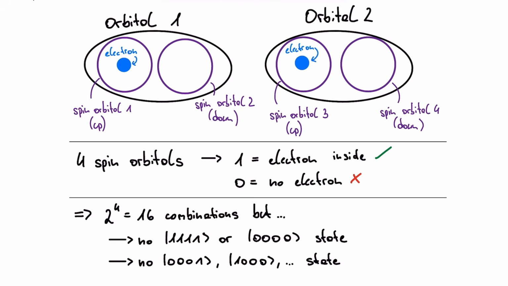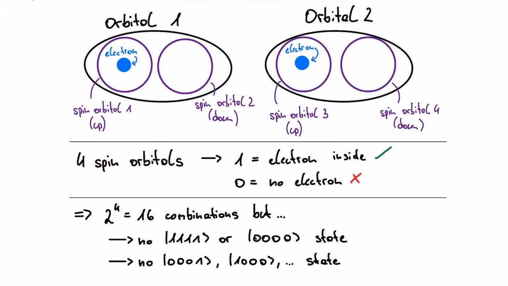However, we only have 2 electrons in our system. That means not all of these combinations are physically possible. For example, 0, 0, 0, 0 can't exist because that would mean no electrons at all, and electrons don't just disappear. Likewise, 1, 1, 1, 1 can't exist either because that would mean 2 extra electrons appearing out of nowhere.